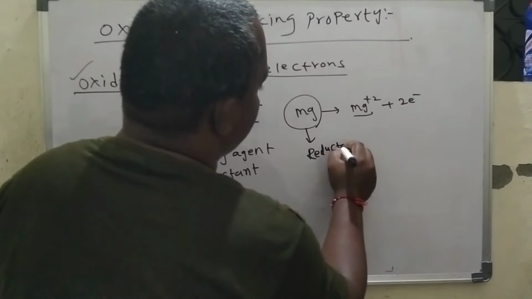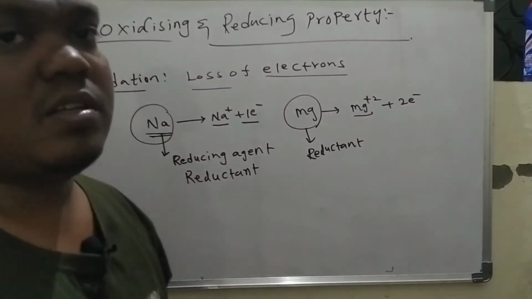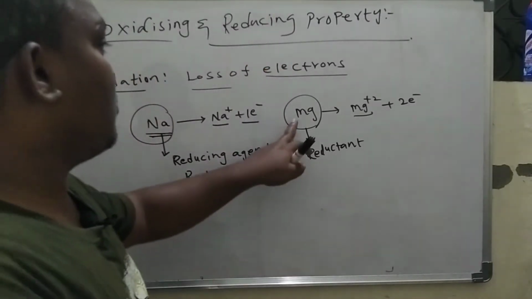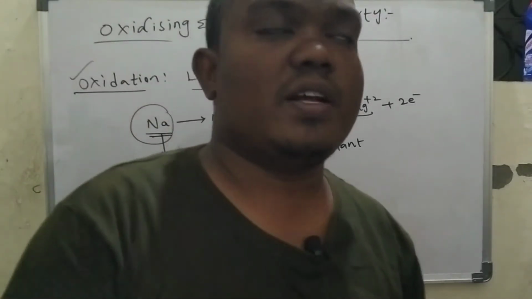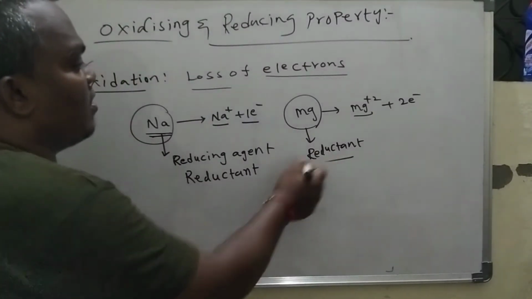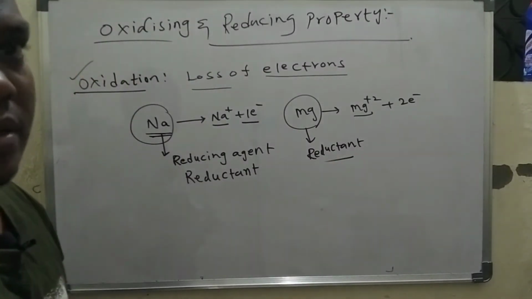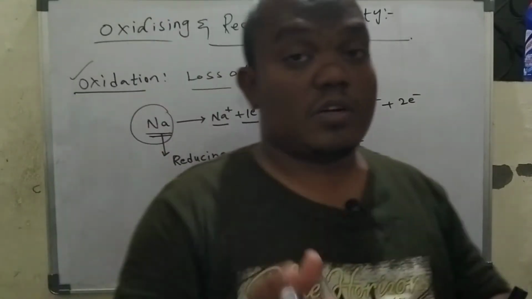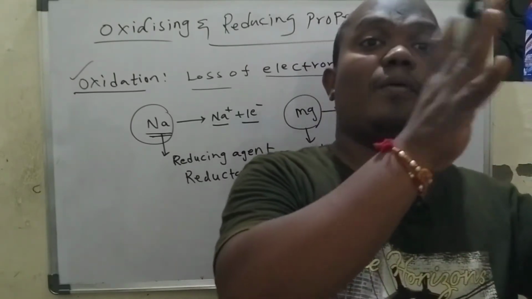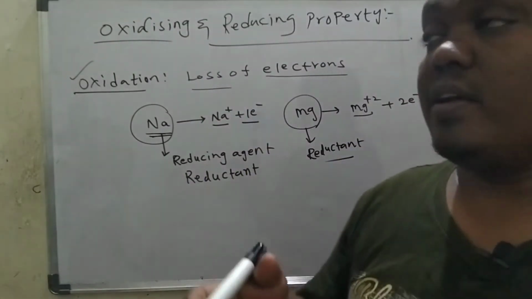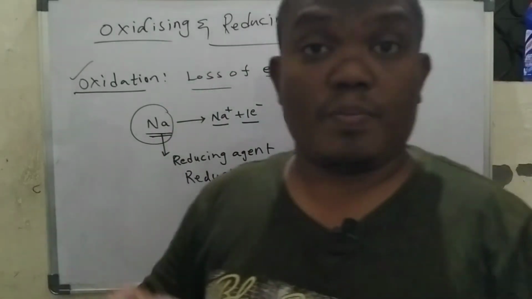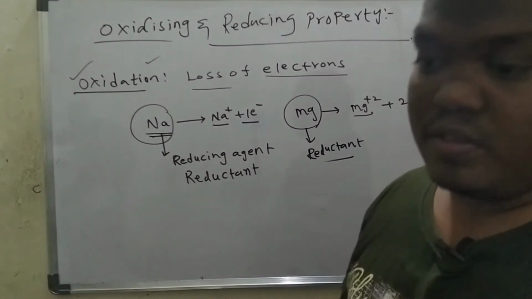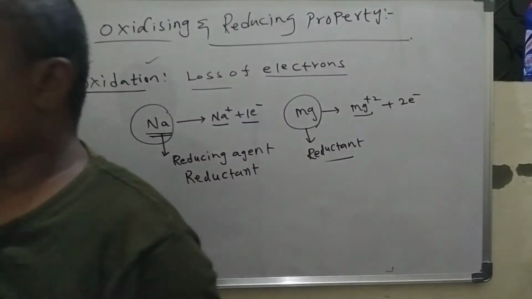The substance which undergoes loss of electrons is called a reducing agent or reductant. I hope you understand. But the process of loss of electrons is called oxidation. Right. So let me move on to reduction.